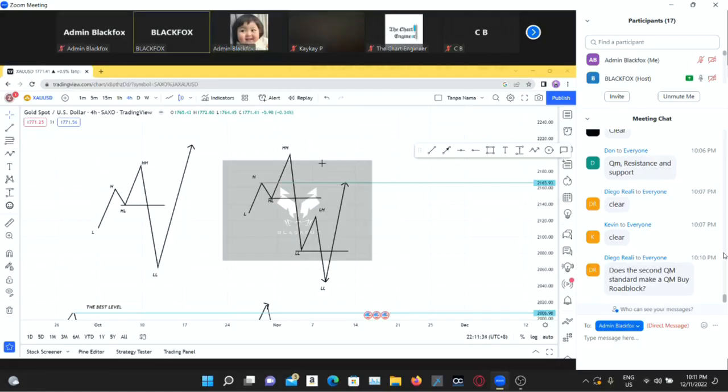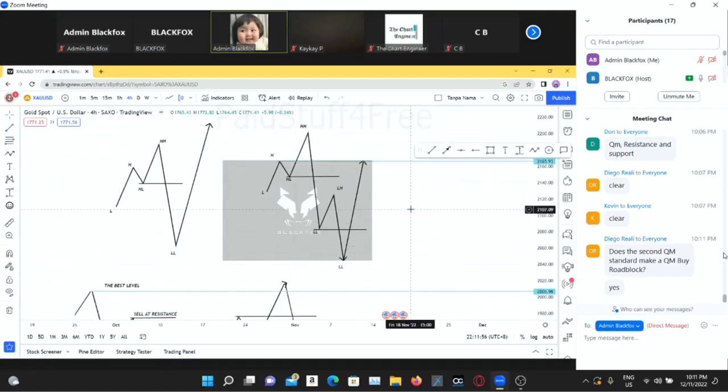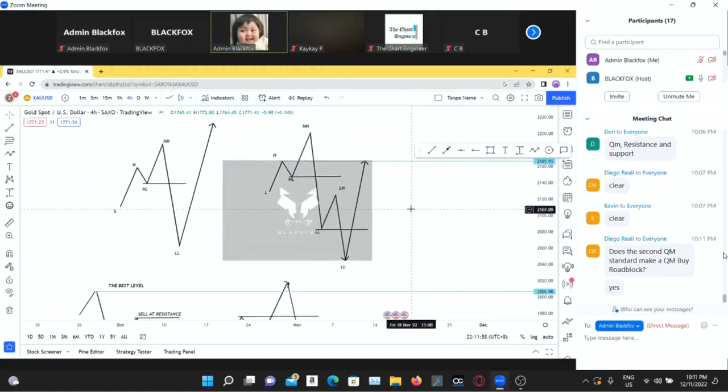Please explain, Cap. What is the question? Does the second QM standard make a QM by roadblock? Oh, yes. He means the lower low, the second QM, whether it makes a QM roadblock. Meaning it has a QM like that.